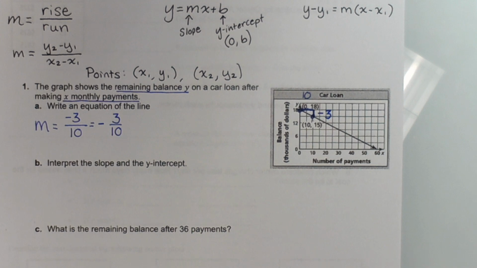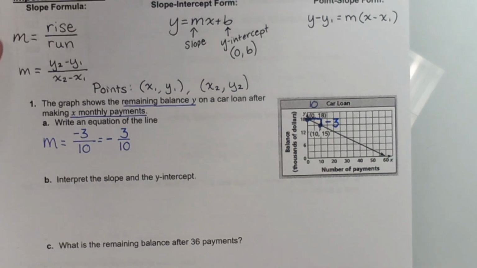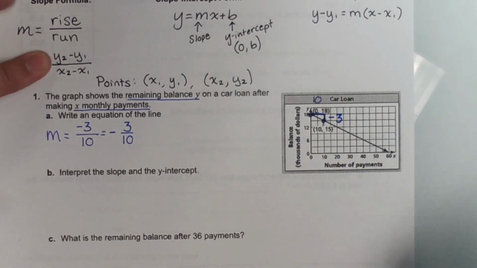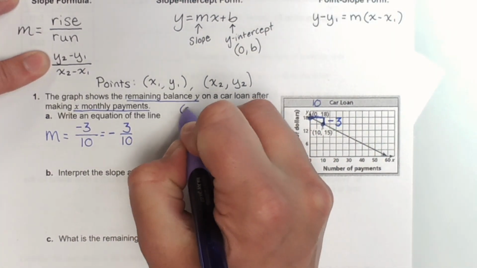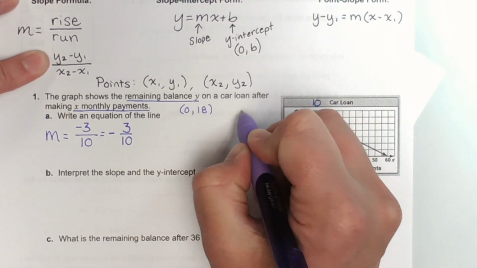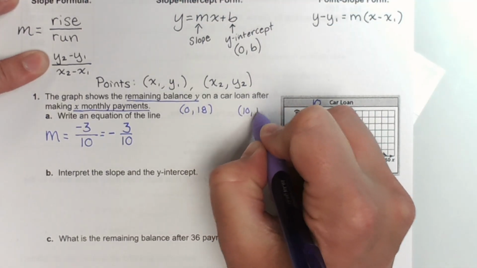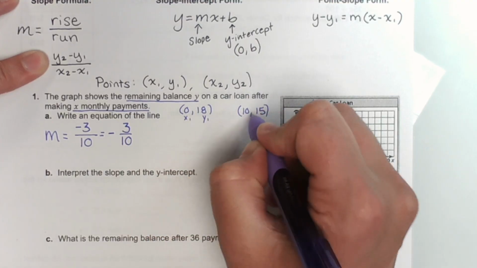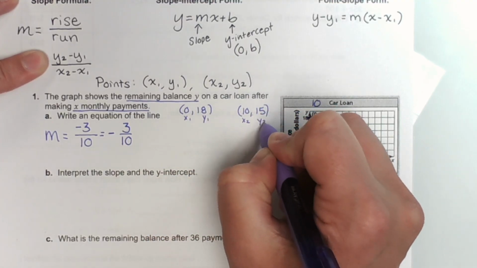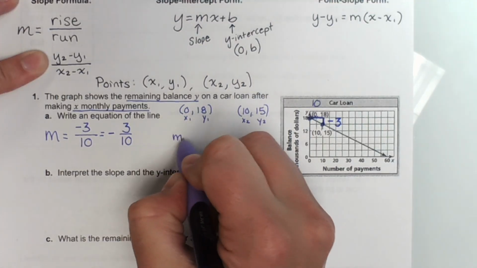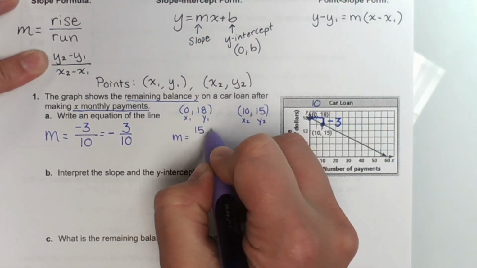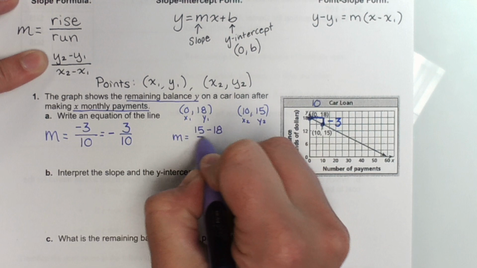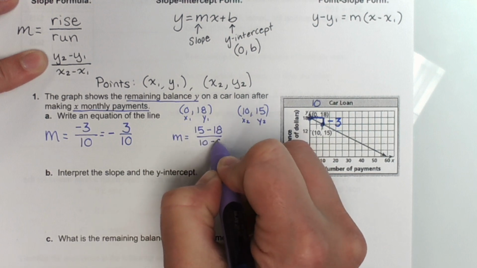Now, if you are a person who struggles with rise and run, because you mix up rise and run all the time, that's where the slope formula comes in. We could have done this. This would have been taking the 0,18 and the 10,15, calling one of the points x1, y1, calling the other one x2, y2, and plugging them into the formula, which would have ended up being 15 minus 18 over 10 minus 0.